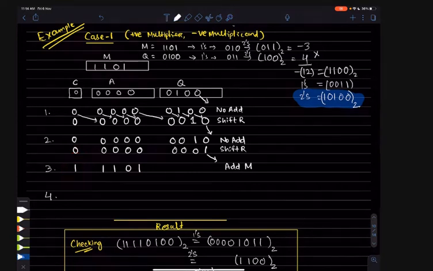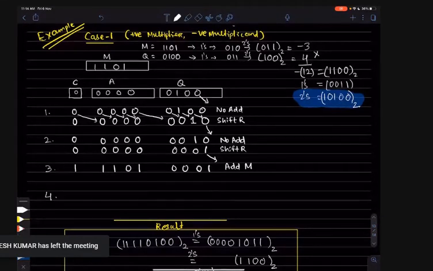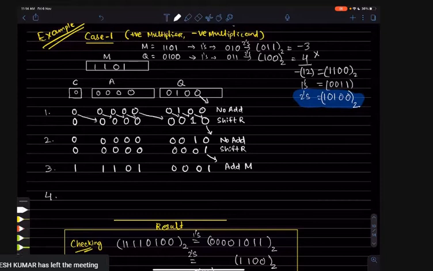Next, this will be the same. Any doubt up to this? You can unmute and ask anytime. So after this there will be a shift right operation. So all bits will be shifted.